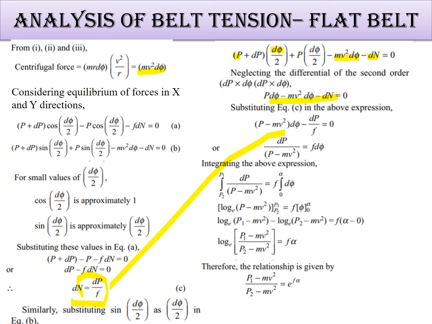If you elaborate this term again, you will get the relationship as (p1 minus m v square) divided by (p2 minus m v square) equal to e raised to f alpha. This is the final relation which we get for the analysis of belt for flat belt only. And next we are going to see for the V belt also. Thank you.